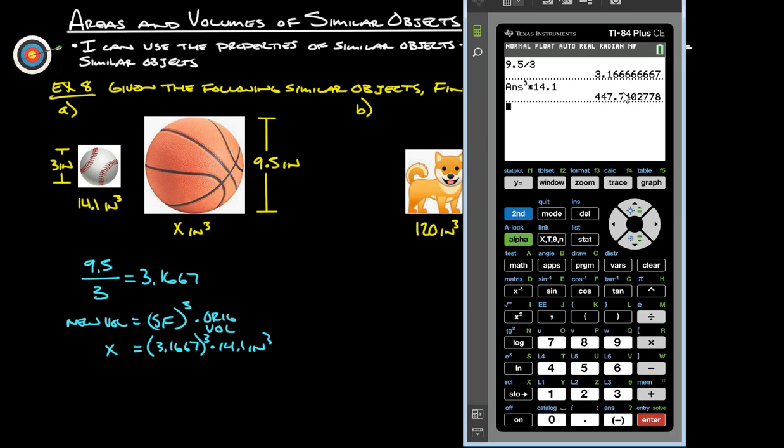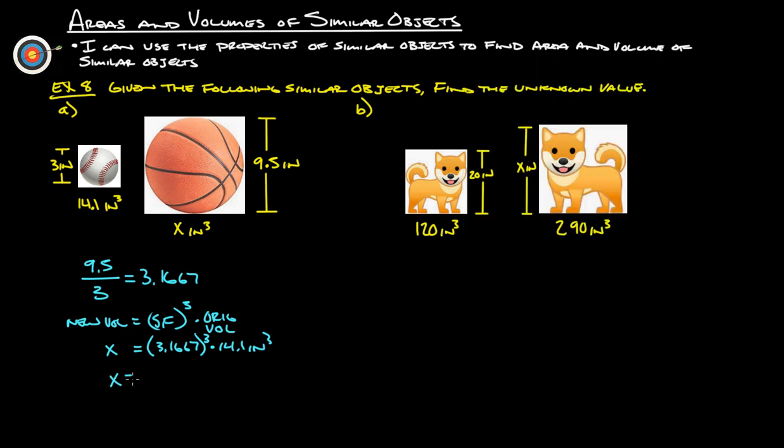First, second, third significant figure. 7 tells the 7 to get bigger. 448. So X equals 448 cubic inches. Okay? All right.